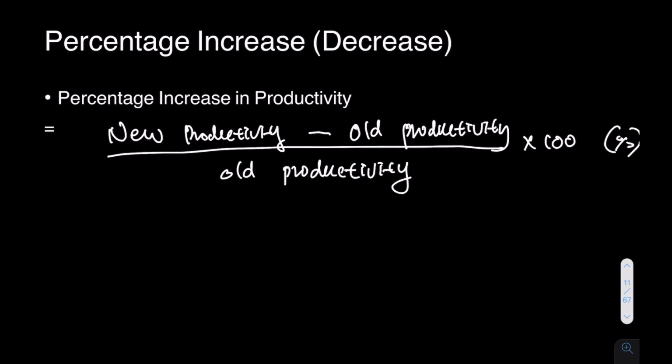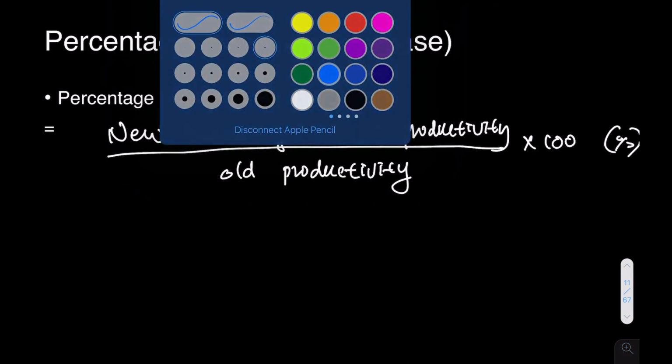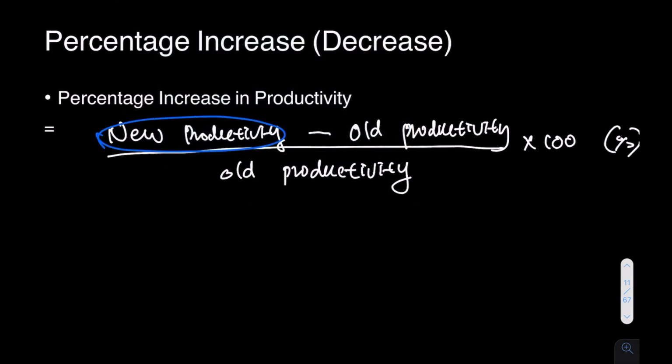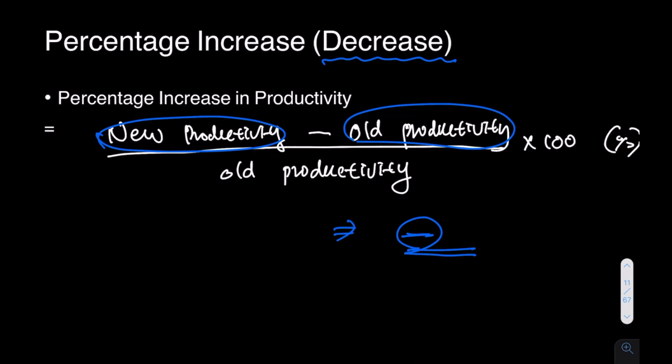Note that if the new productivity is less than old productivity, this number will give you a minus. This minus means what? Decrease in productivity. It does not always have to be plus signs. If productivity has decreased, you can also measure this percentage decrease, but you will see the number with this minus sign. That means productivity decrease.